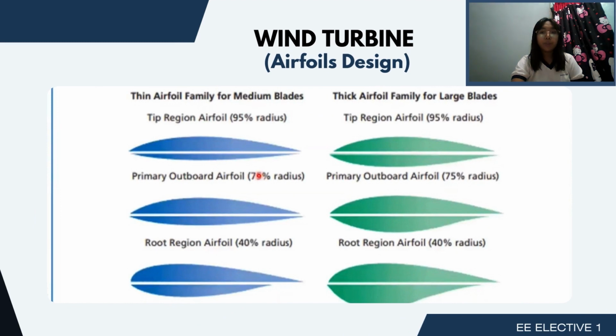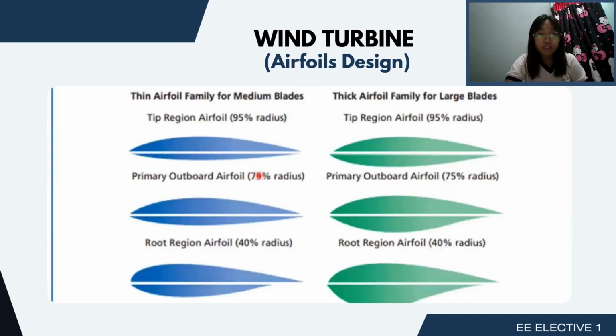So, these are the wind turbine airfoils design. So, for the thin airfoil family for medium blades, first one is tip region airfoil, 95% radius. Second one is primary outboard airfoil, 78% radius.